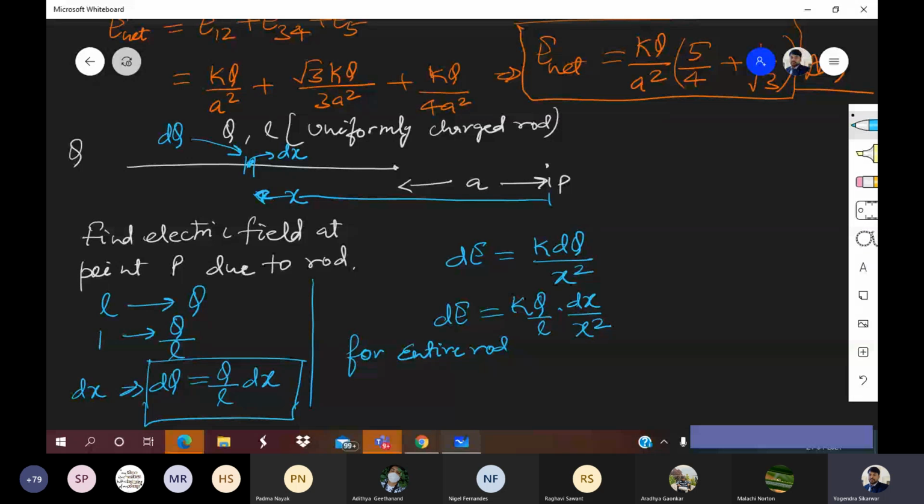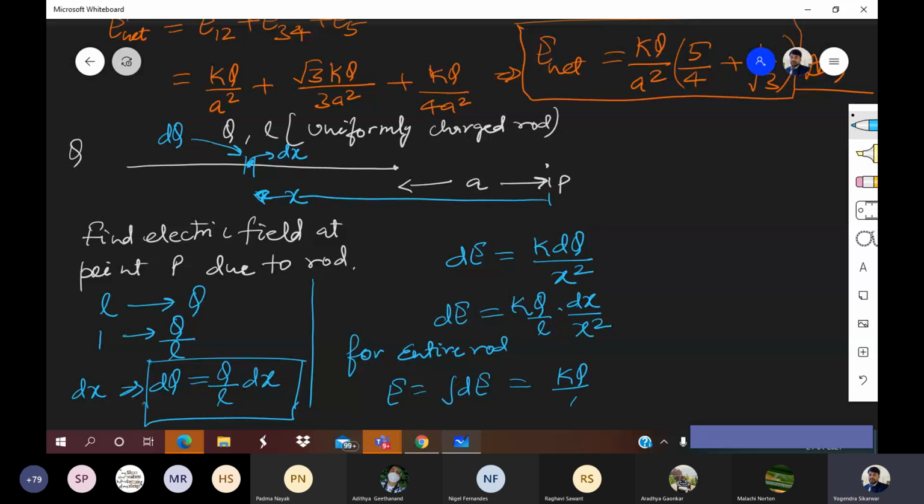So for the entire rod, E is equal to the integration of dE, which is kQ by L, which can be taken out because these are constant, and integration of dx upon x square.